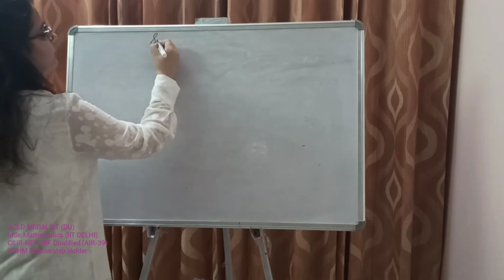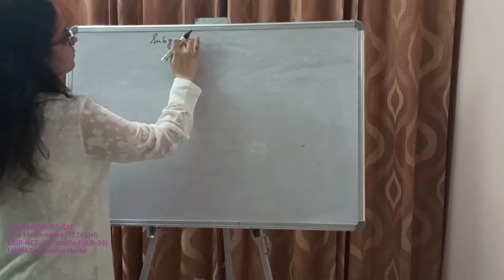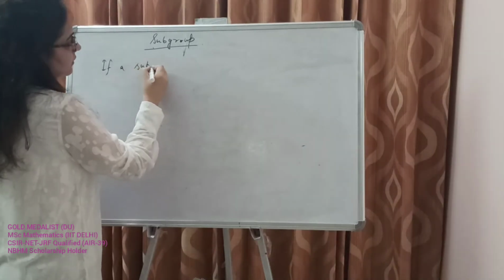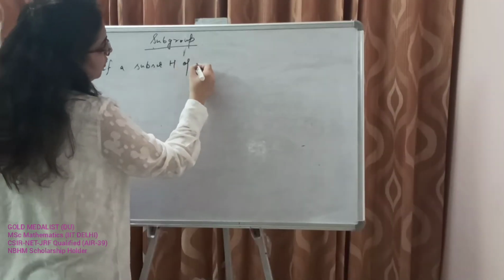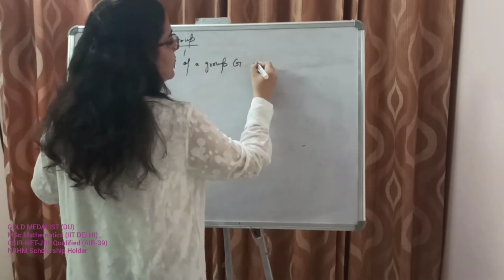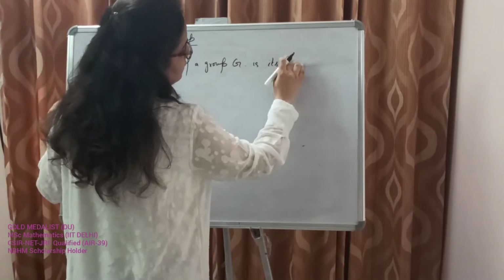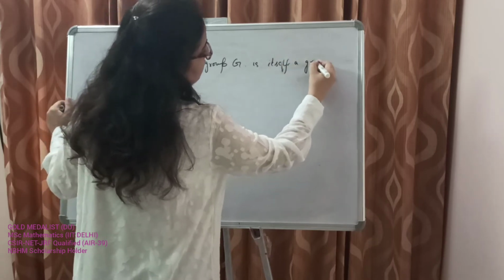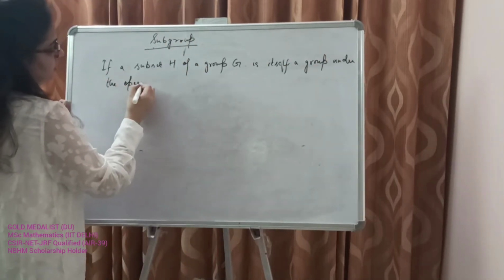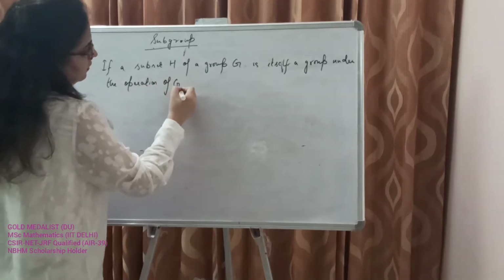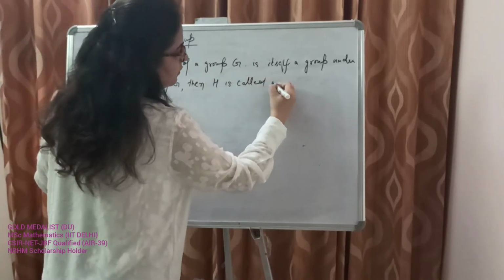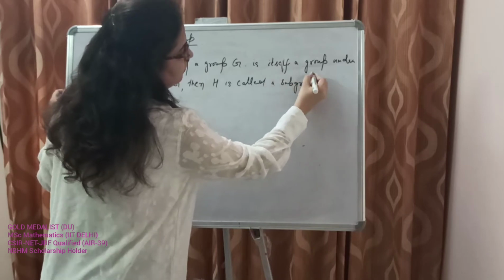So, subgroup. If a subset H of a group G is itself a group under the operation of G, then H is called a subgroup of G, right?